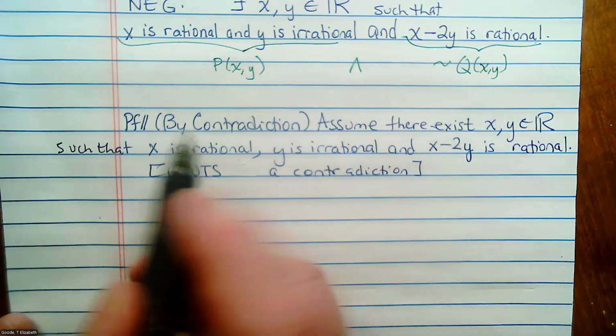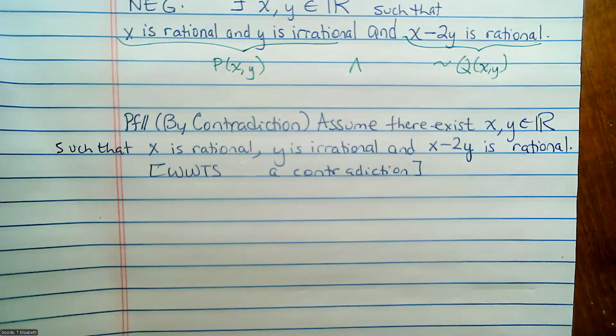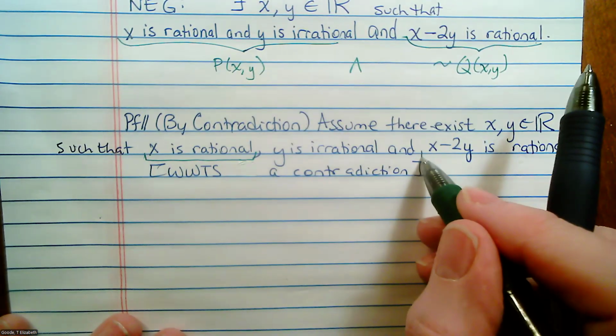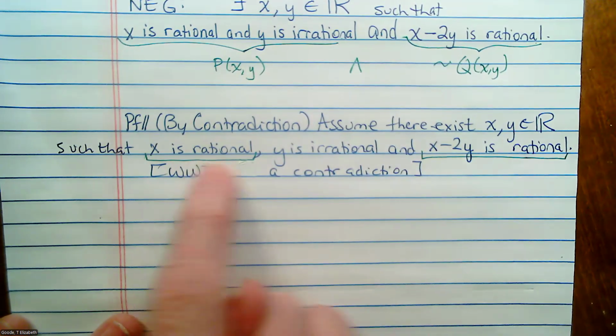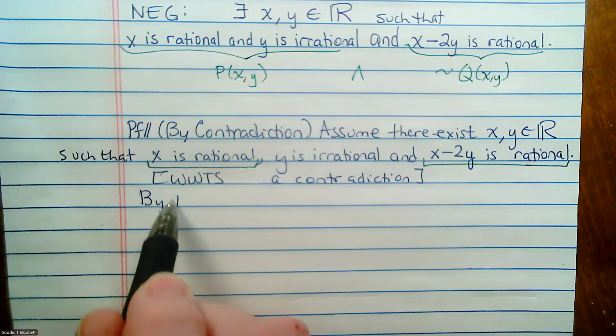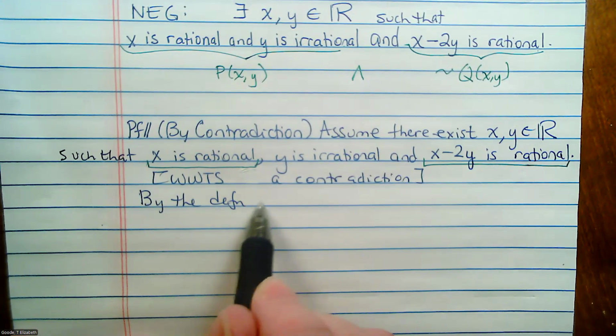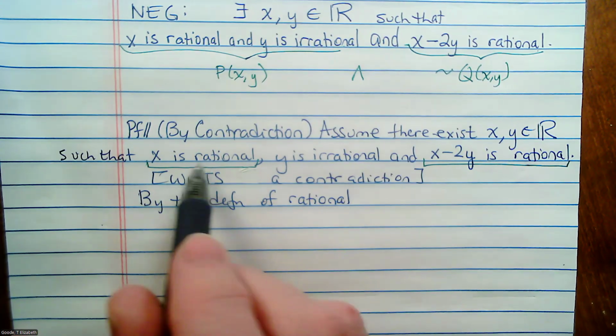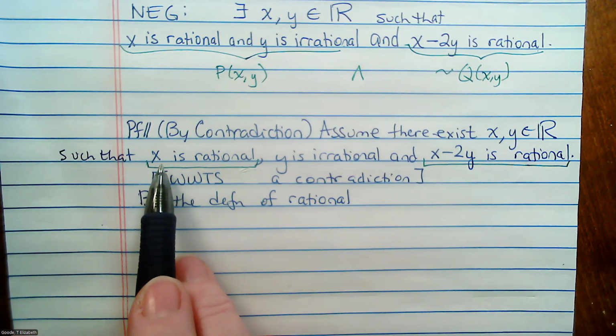So now we've got that x is rational, and we've got that x minus 2y is rational. We can write an equation for each of these, right? So by the definition of rational, what do we get since x is rational?